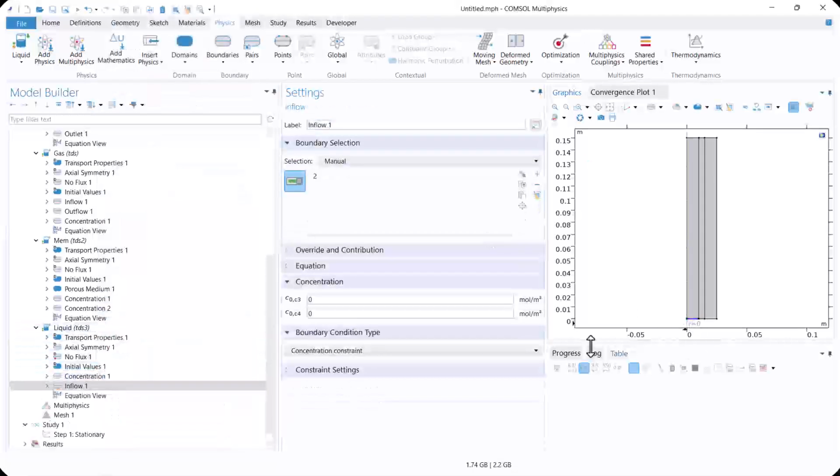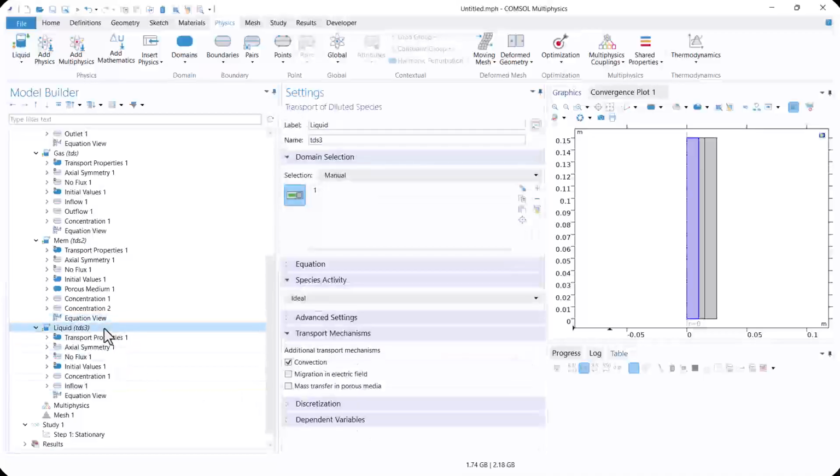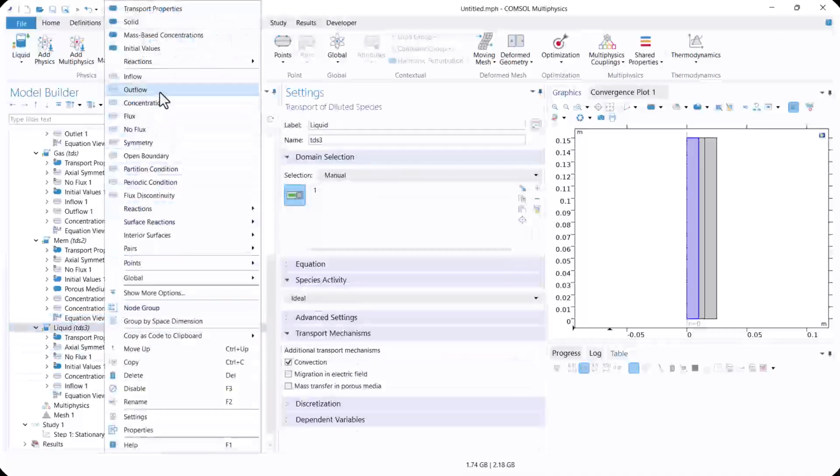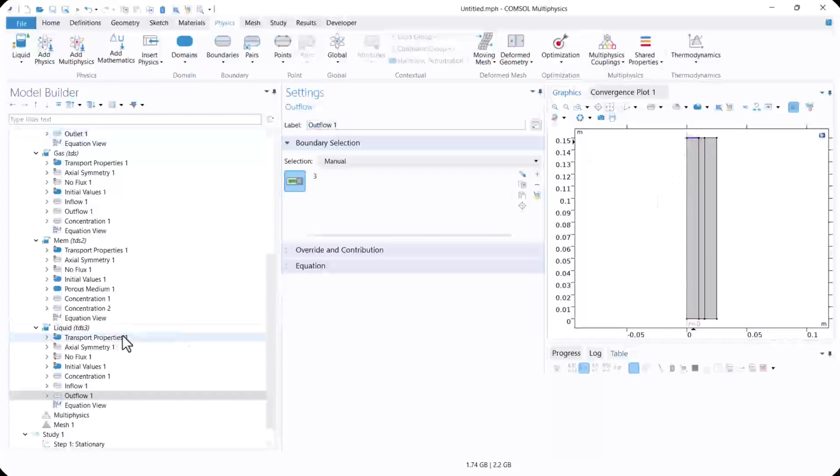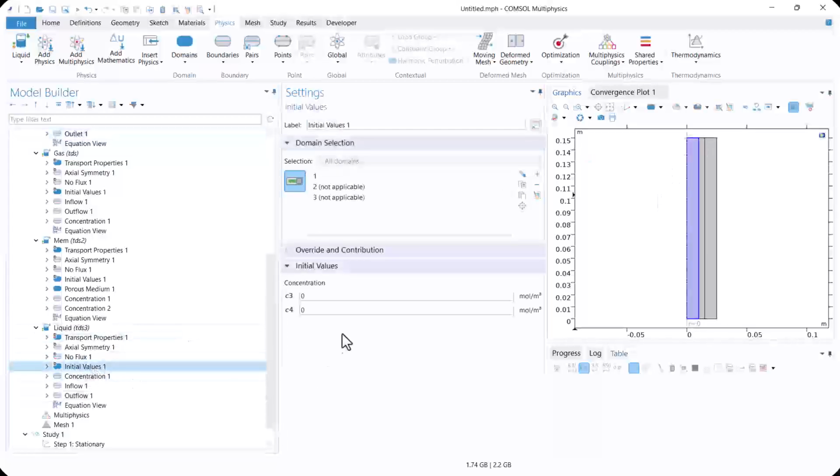The concentration of the gas component in the liquid inlet is 0, but for C4 we have 0.5 molar. Now we need to define our outflow. Then click on initial value, and for C4 we can use the initial value 0.5 M.